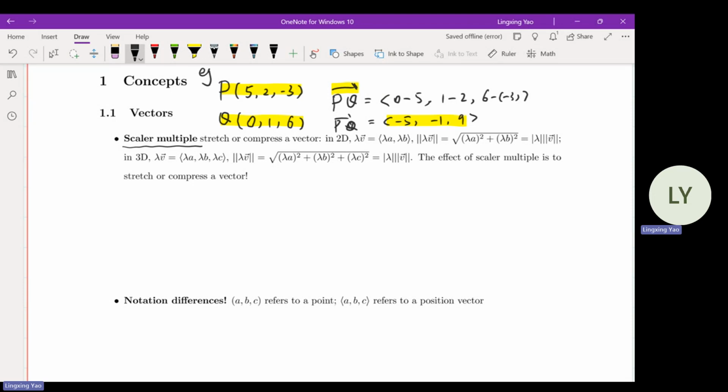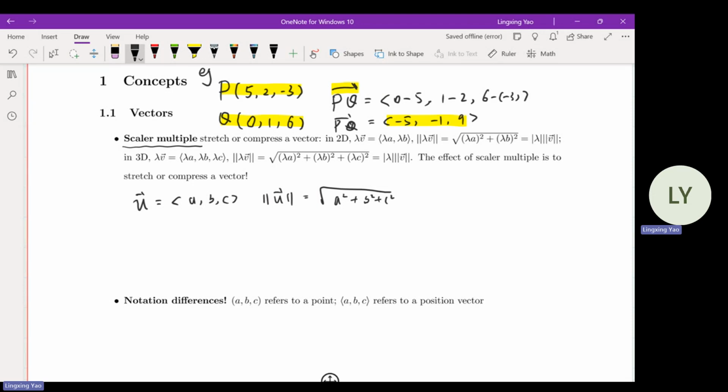Okay. Another thing we should remember is how do we compute the length of a vector? If this vector has three components, so in three-dimensional space, the length is denoted by having vertical lines on both sides, and the actual calculation is done by this.